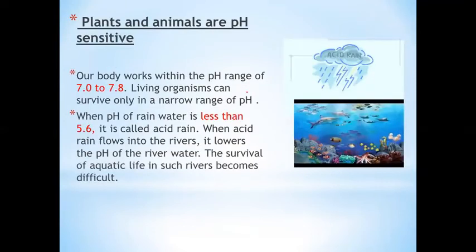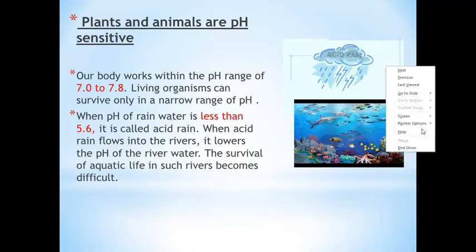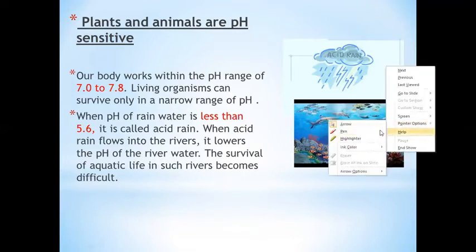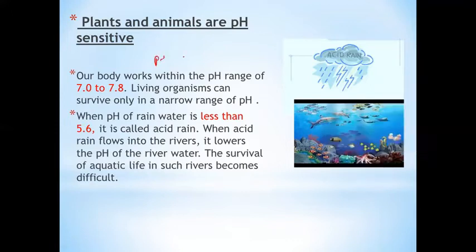Most of chemical reaction taking place in human body ranges from 7 to 7.8. pH of blood is 7.4. When the pH of rainwater is less than 5.6, that means acidic.